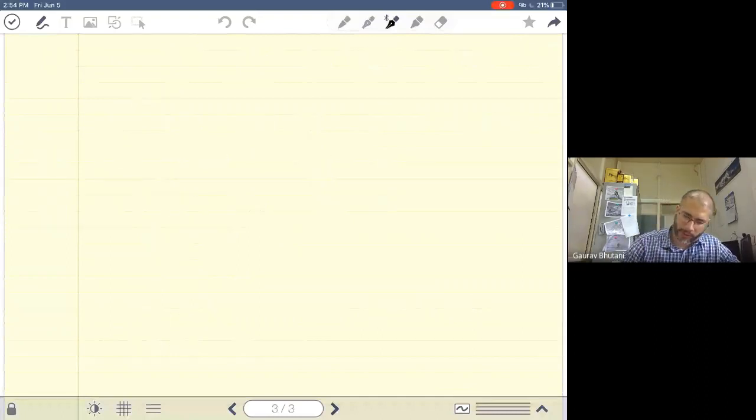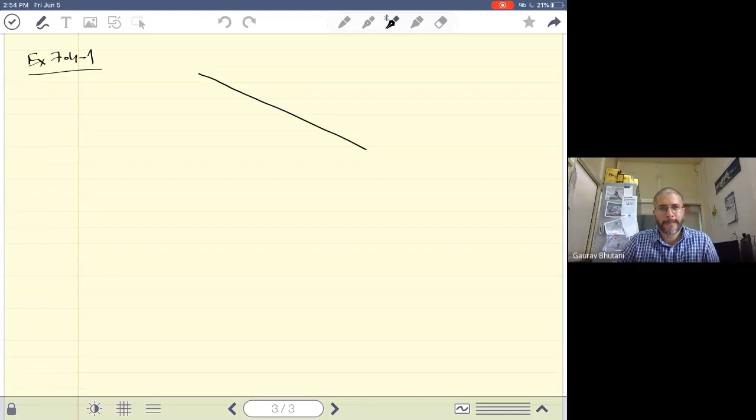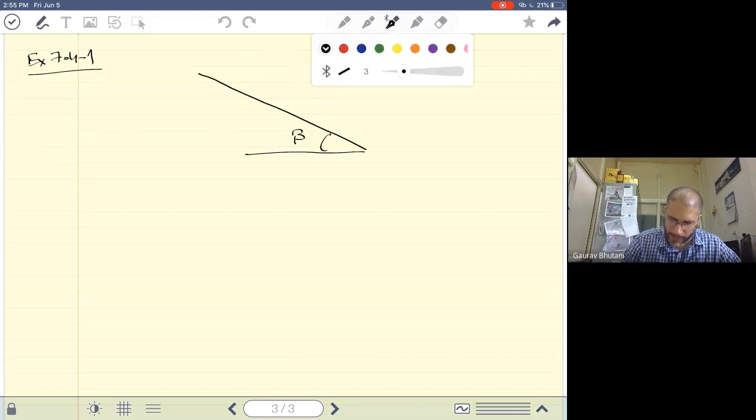So this is a solved example in the book. It's example 7.4.1. So you have an inclined surface. You could think of that as a mountain slope, and the inclination is beta. And then you have water. Let's use a different color. Blue is a good color for water.